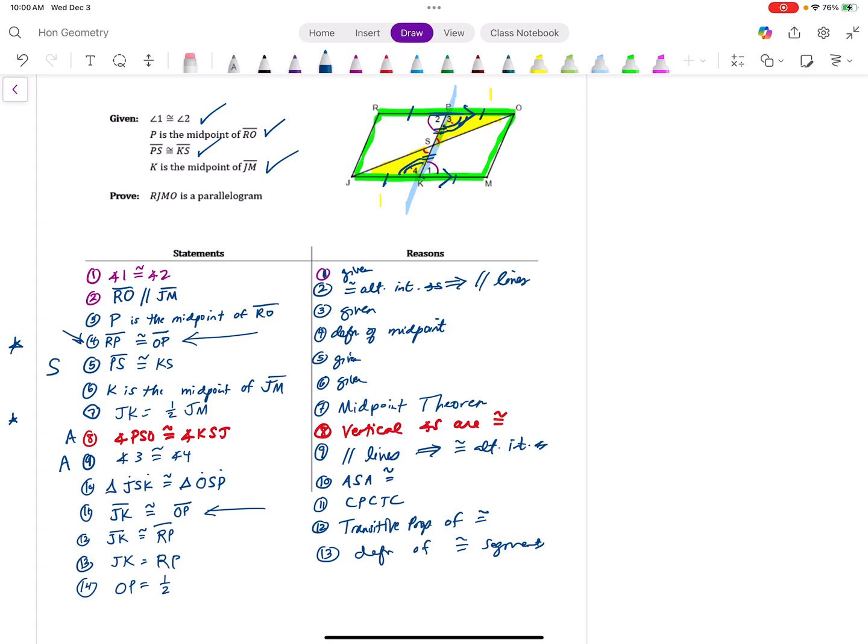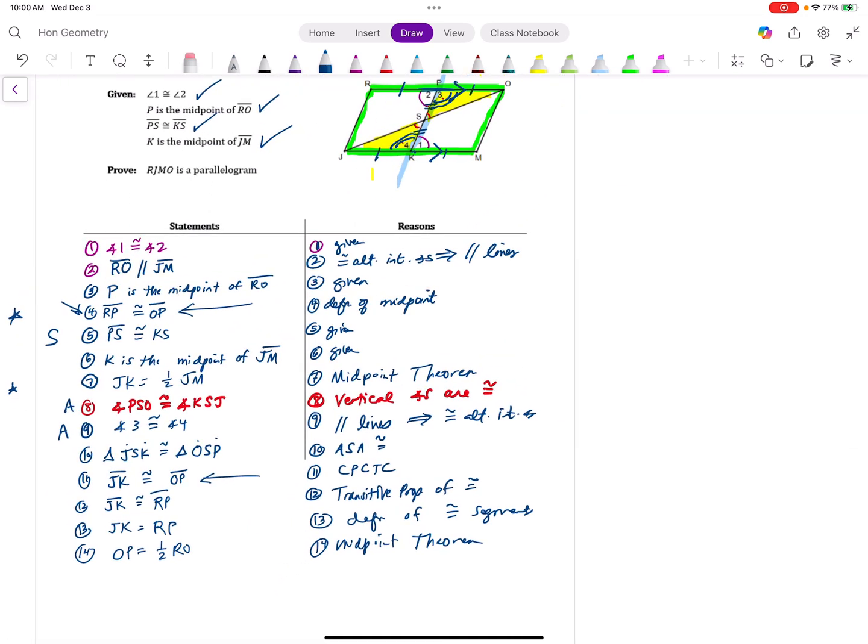It's half of RO by the midpoint theorem. And let's see, half of RO. JK, why did we do, well, I didn't even need that. JK.